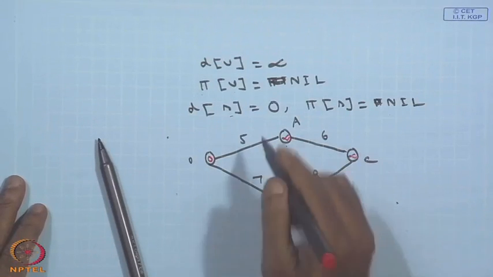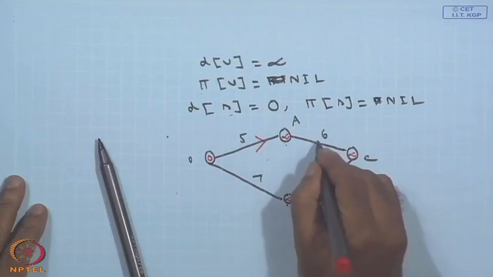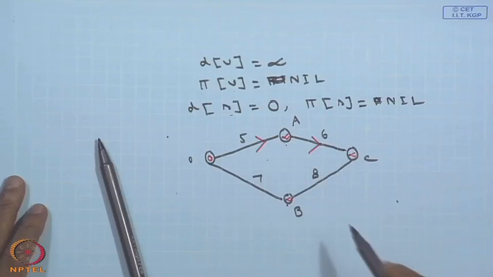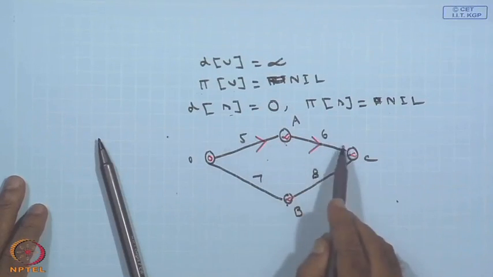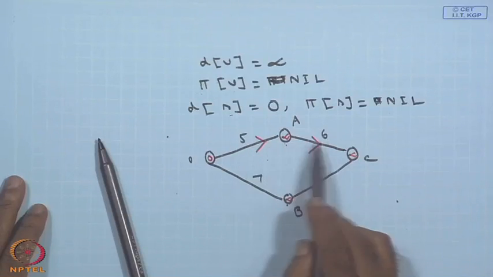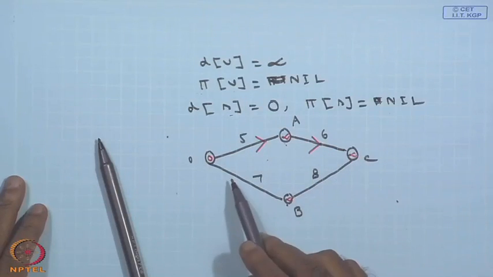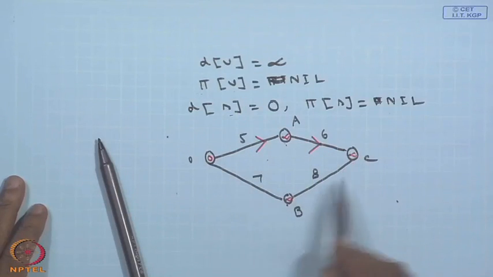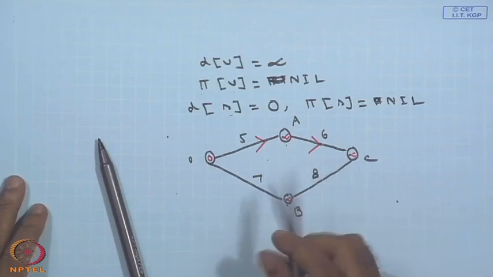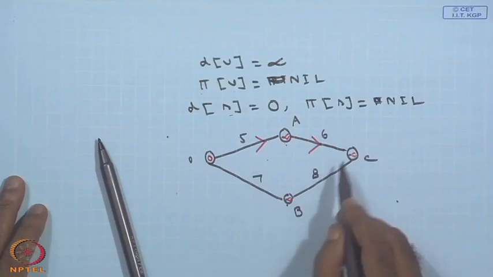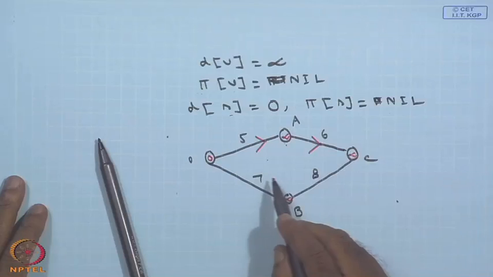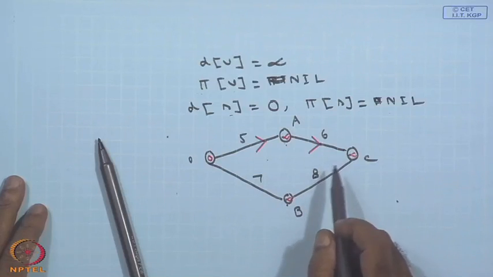Let me denote it by this red color pen. This is a path, and the distance will be 5 plus 6, 11. Can I find any other alternative path by which the distance will be less? And that we find by this relaxing method.